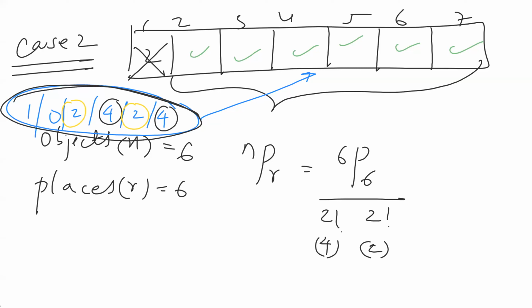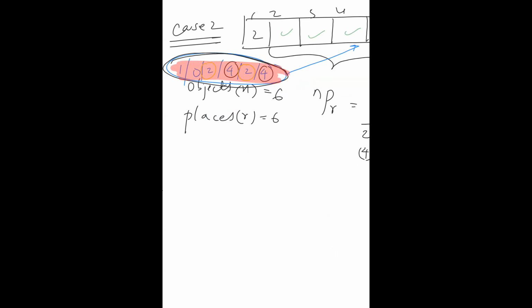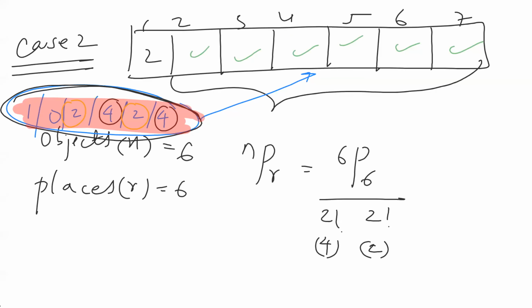So don't consider this 2 once again, because that 2 is fixed at place number 1 and is not supposed to get arranged anywhere else. So arrangements are happening only for these 6 objects at the 6 places. Which 6 places? These 6 places.